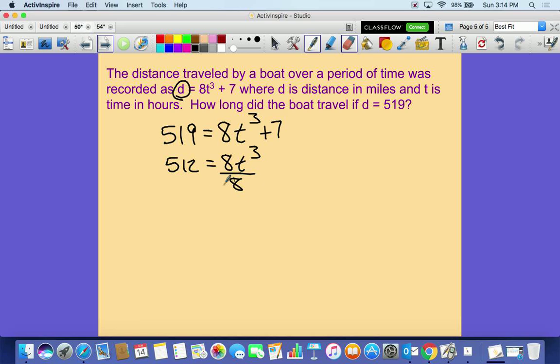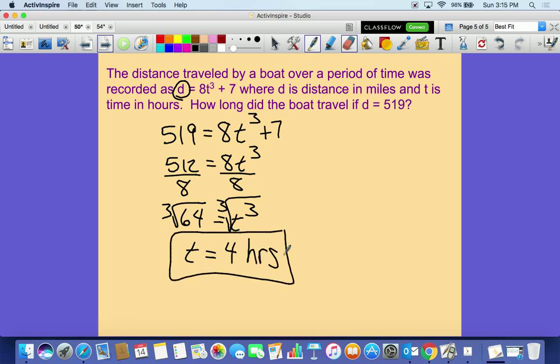Divide both sides by 8, so t cubed equals, let's see, what is that? 64, and then you would take the cube root of both sides, and t would equal 4 hours. And that is by far the easiest way to do that.